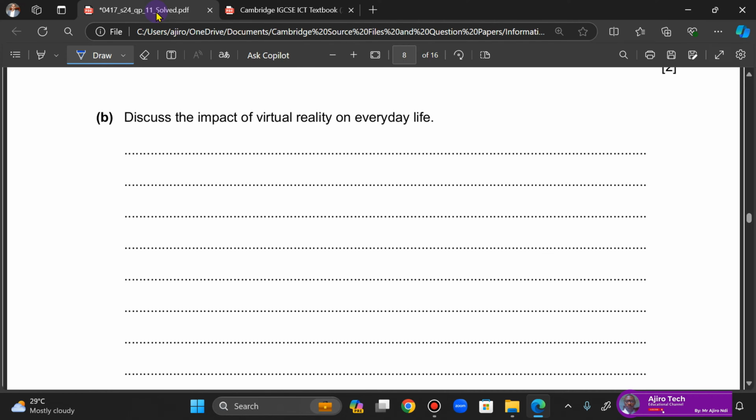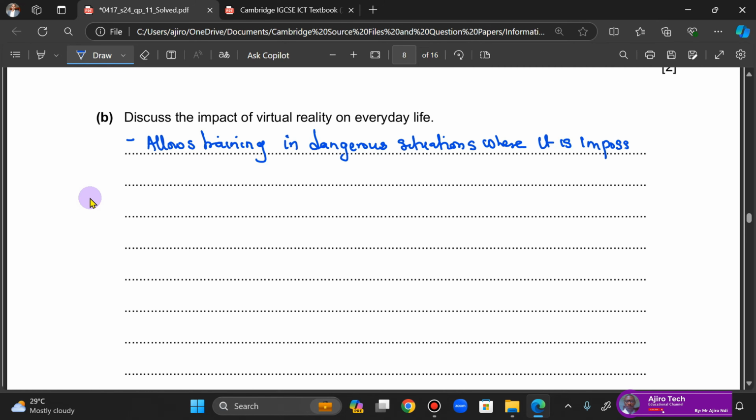So when we talk about the impact, the first one is it allows training in dangerous situations, that's for military, where it is impossible to practice the real thing.